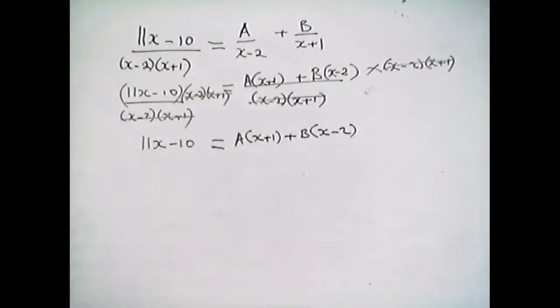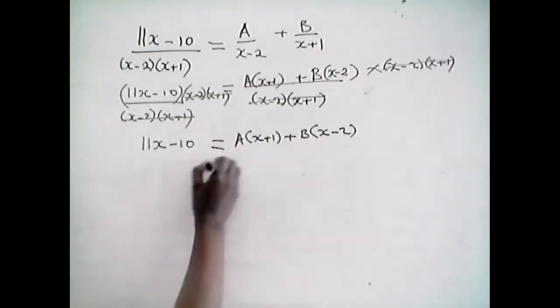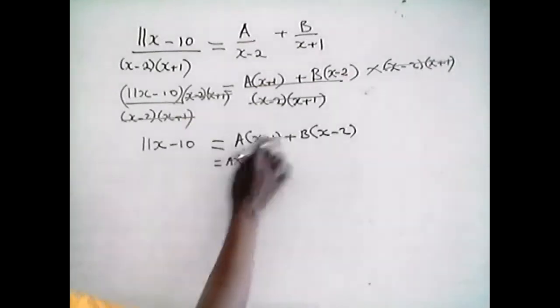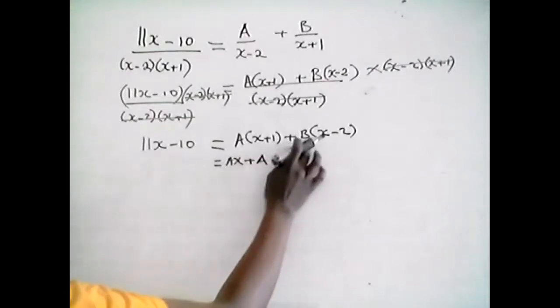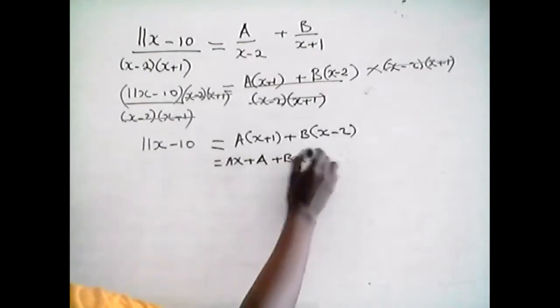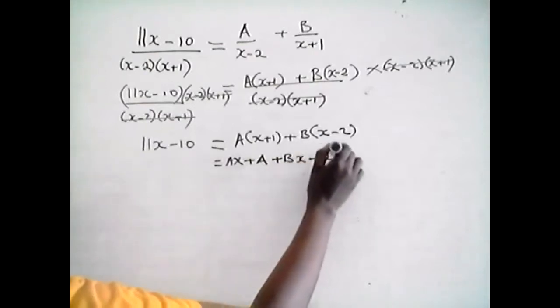So at this stage, we can simplify. So when we simplify here, a multiplied by x is ax, a multiplied by 1 is a, b multiplied by x is bx, b multiplied by negative 2 is negative 2b.